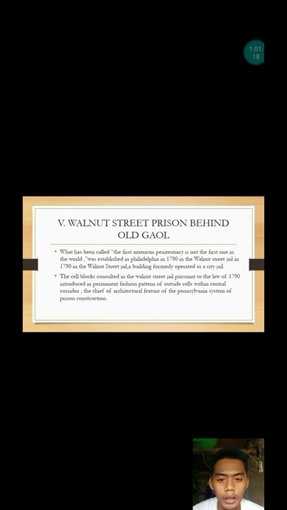So the Walnut Street jail is originally from Philadelphia. The cell blocks consolidated in the Walnut Street jail, pursuant to the law of 1790, introduced in permanent fashion the pattern of outside cells within a central corridor, the chief architectural feature of the Pennsylvania system of prison construction.